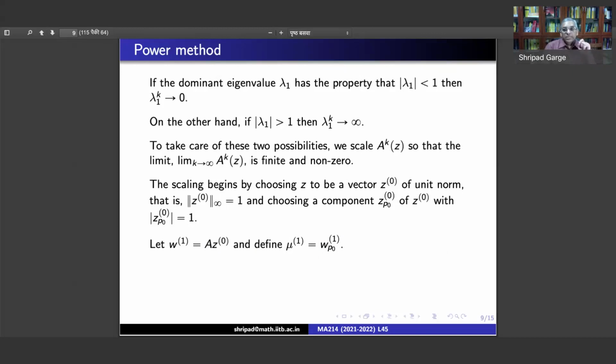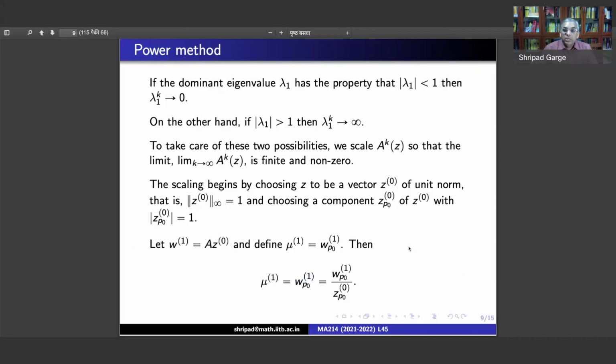Since it is w p naught 1, it's also equal to, I should put a modulus here because the modulus of z p naught is 1, w p naught 1 upon mod z p naught 0. Right? Because the modulus is equal to 1. So instead of saying that the vector is w p naught 1, we write it as w p naught 1 upon 1, and that is simply z p naught naught.